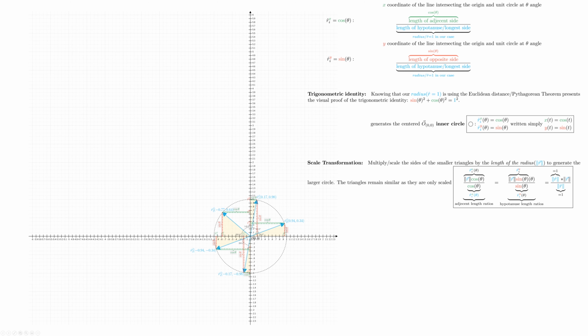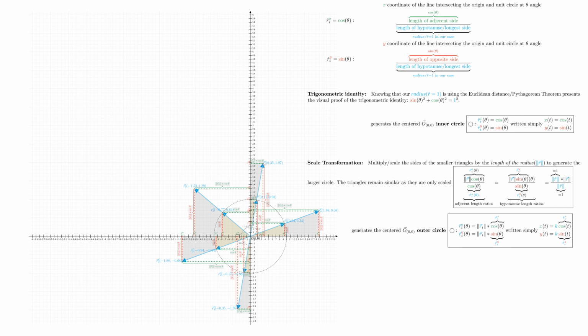Now let's scale up our length 1 r hat line by a new radius we can call vector r instead of r hat. We will do nothing else, just scale up all sides of the triangle made up by x and y component of r. So x component of r vector is just cosine theta, or x of r hat scaled up by a scalar.